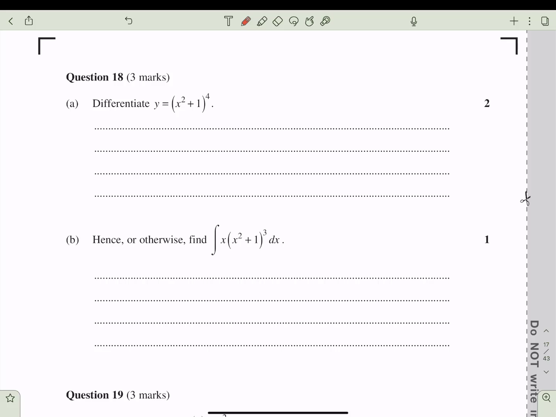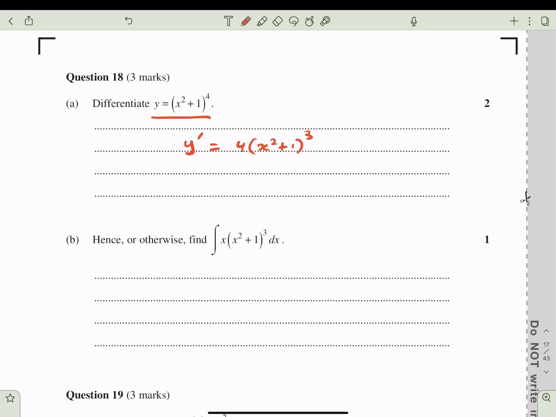Question 18. Here we are asked to differentiate y equals (x squared plus 1) to the power of 4. For this question, you've got to be very careful. Do not forget the chain rule. If we differentiate, we have y dash equals 4 times (x squared plus 1) to the power of 3. That's all good so far, but remember, what is the chain rule?